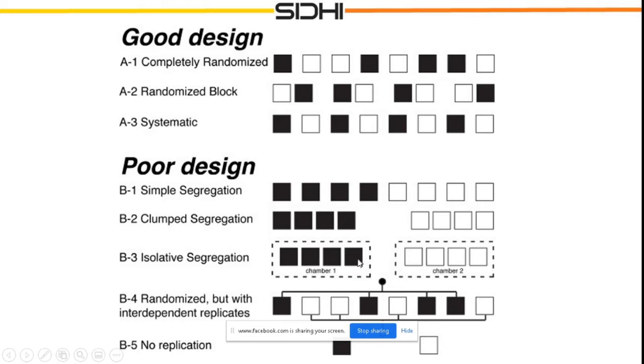You have two influences playing here already. Then you have your randomized but with interdependent replicates. So nag-randomize ka nga, pero meron pa ring relationship yung bawat replicates mo. So para ka rin hindi nag-randomize dito. And then of course, the worst thing that you can do is to have no replication. Okay, so again, you need to have replicates.